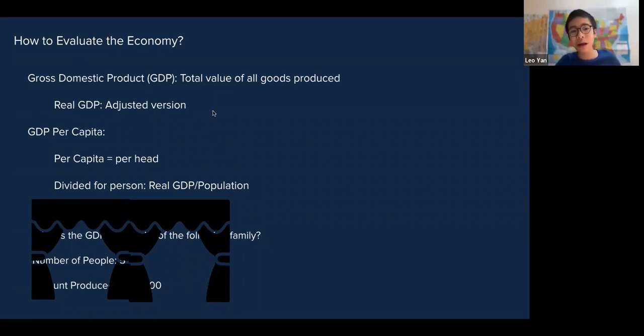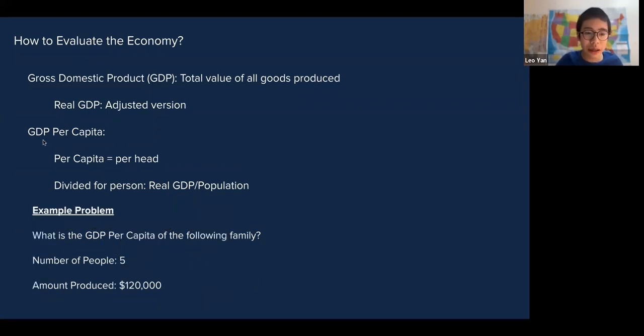So the real GDP is basically the regular GDP, adjusted to all kinds of economic factors. So the real gross domestic product adjusts the values to inflation, because different countries have different exchange rates. Currencies are not worth the same. So they make all of these conversions to make sure that every single country is on the same scale.